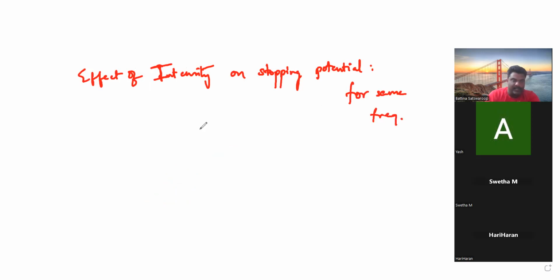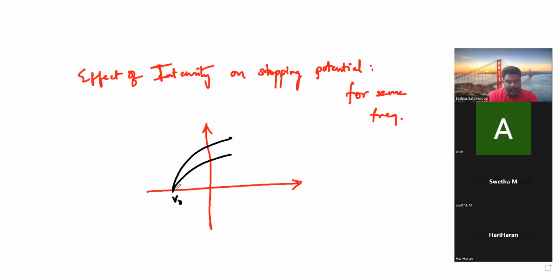Okay, different frequency இதுக்கு முன்னாடி பார்த்தோம், இப்போ same frequency பார்க்க போறோம். Same frequency எப்படி இருக்கும்? Photoelectric current and stopping potential that you already know. So let us say this is V0, right? Different intensities. This is I1, I2, I3, right? So basically what is the meaning of this then?